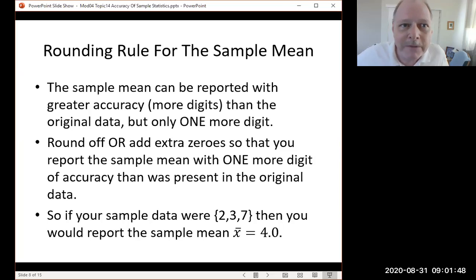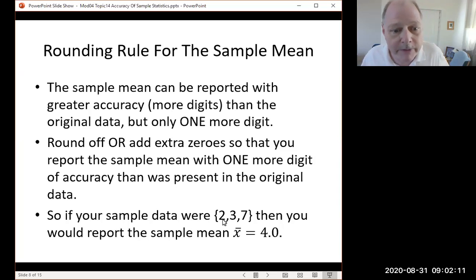You say 4.5, it's halfway in between. But if you had more digits than that, if you had a couple of numbers and you got 4.513, you only report one digit more than the original data had.